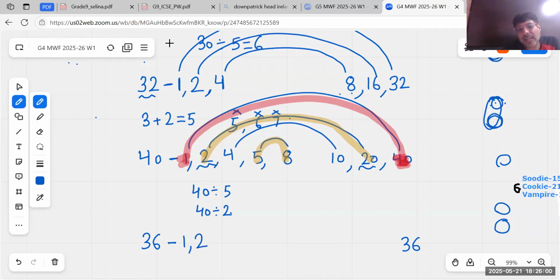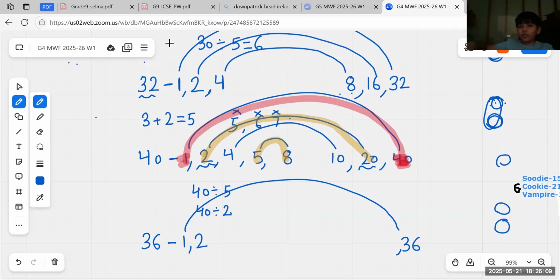Then 2 के साथ क्या free मिलेगा? What will I get free with 2? Sir, that's what I'm calculating. Sir, 18. 18. Then what will be the next factor?